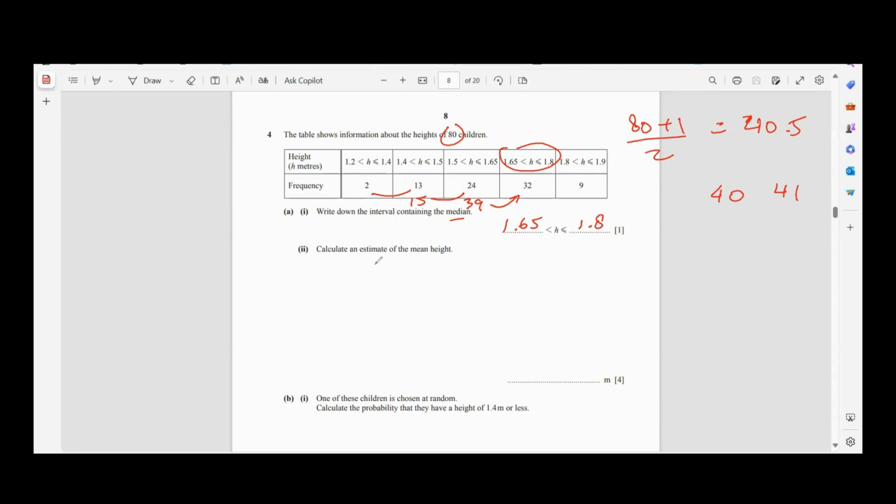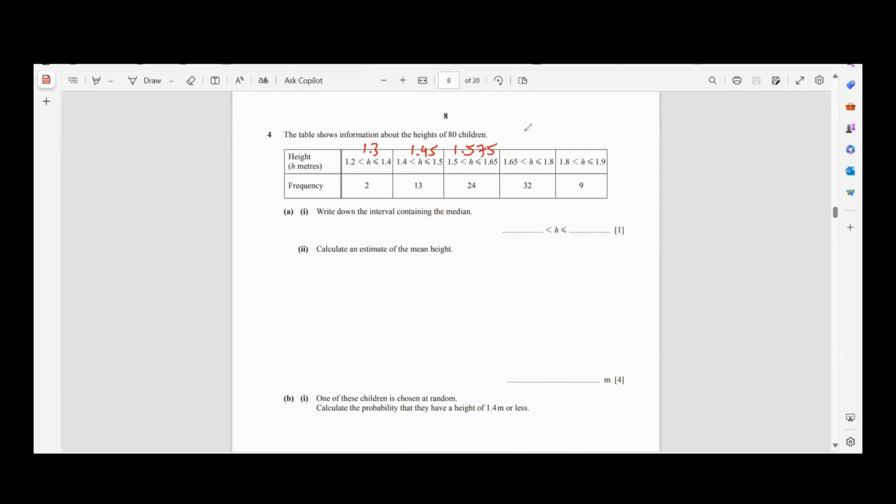And then calculate the mean height. For the mean height, we have to find the middle of each class first. So 1.2 and 1.4 gives 1.3. Then 1.4 and 1.5 gives 1.45. 1.5 plus 1.65 divided by 2 is 1.575.